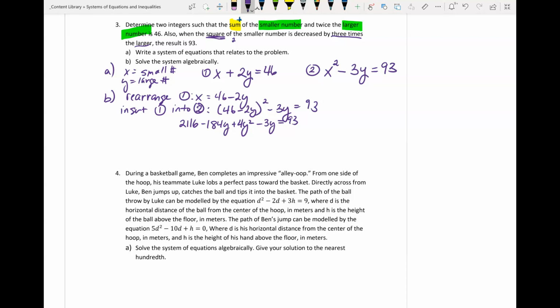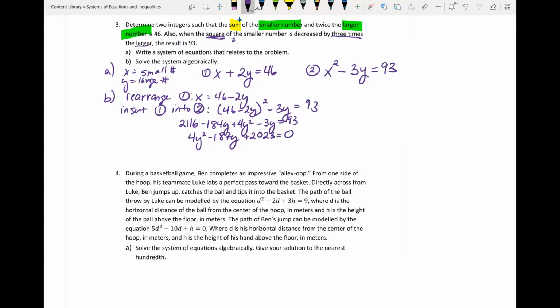I'm going to combine my like terms and move everything to one side. So negative 184y minus 3y is negative 187y. 2,116 minus 93 is 2023.